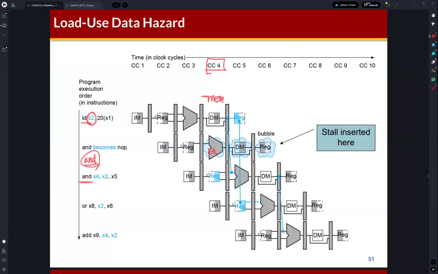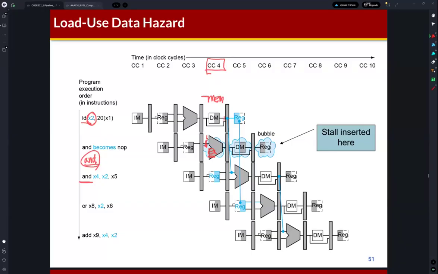But in order to execute in the ALU, the and instruction needs to receive data at the input port of the ALU.